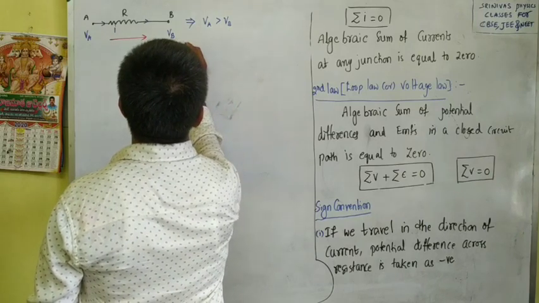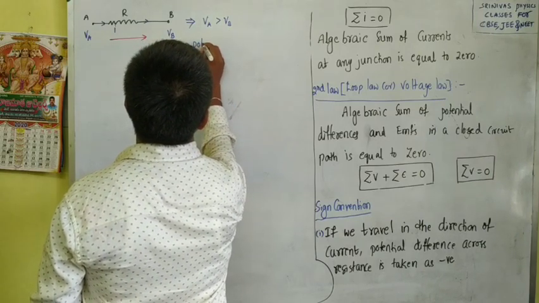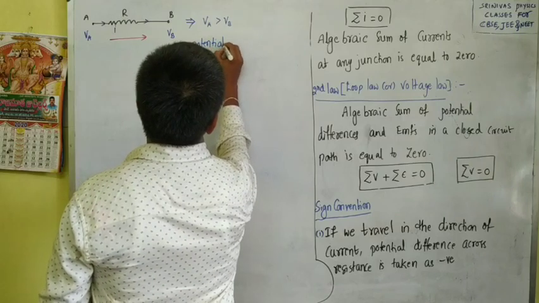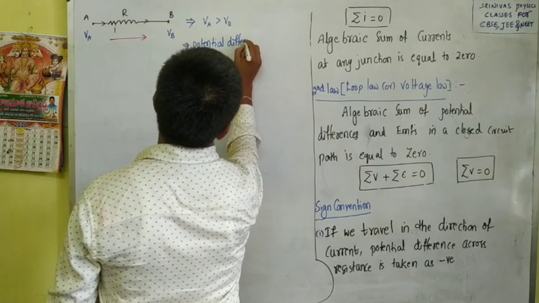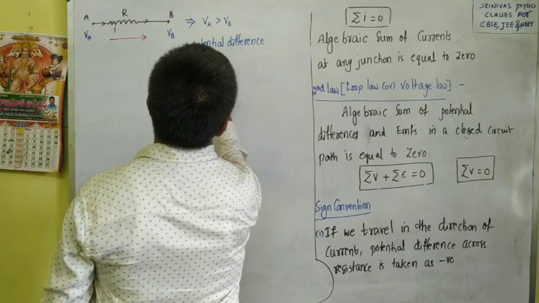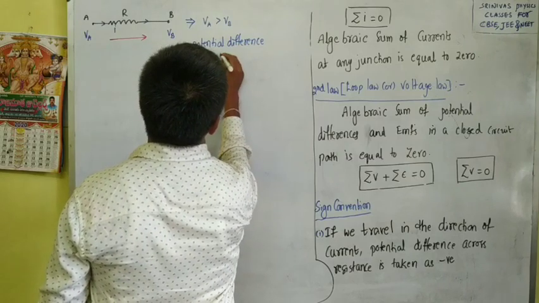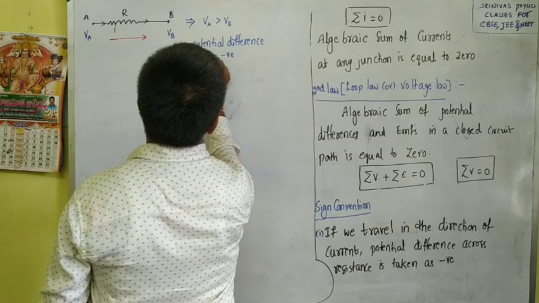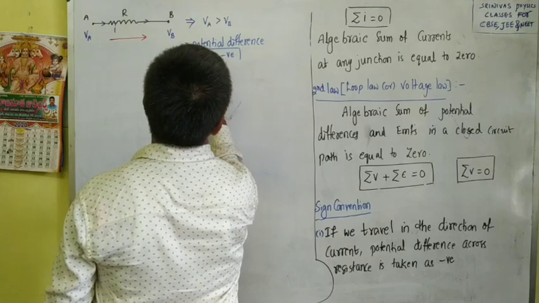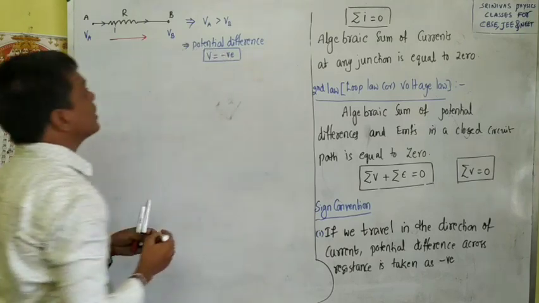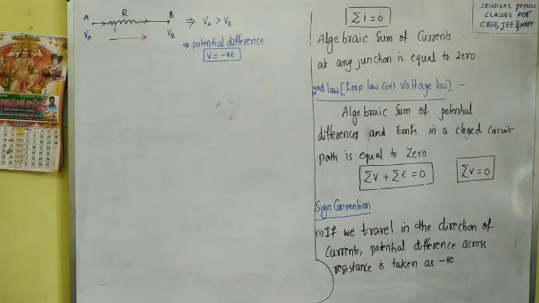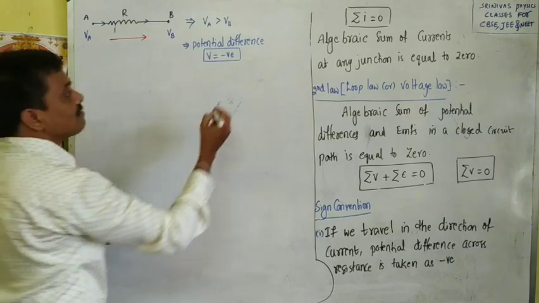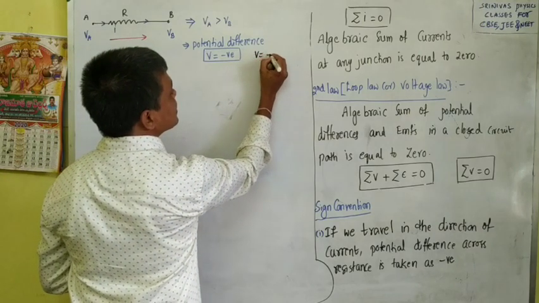Then the potential difference V we have to take as negative. Potential difference, what do you have to take? Negative. Its value is minus IR. We have to take V equal to minus IR.